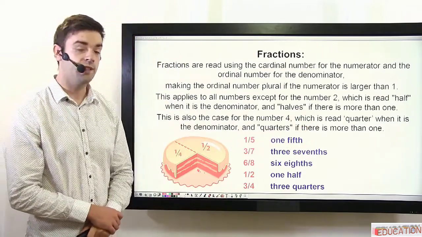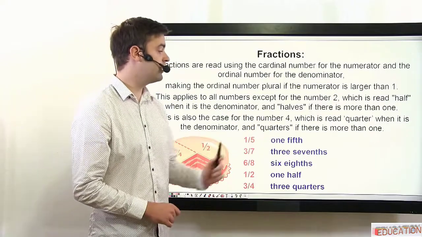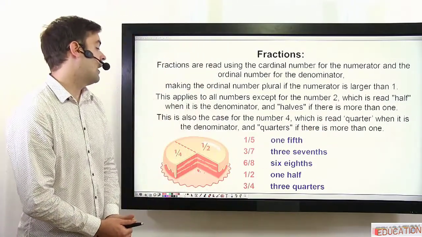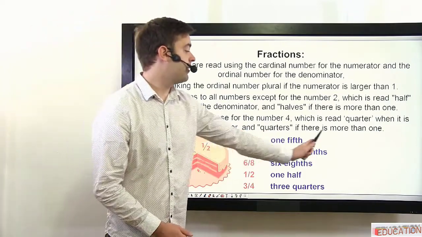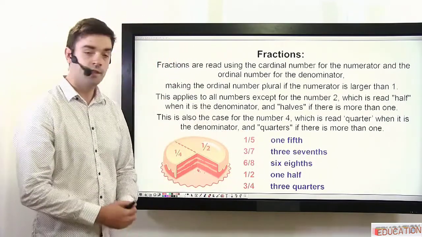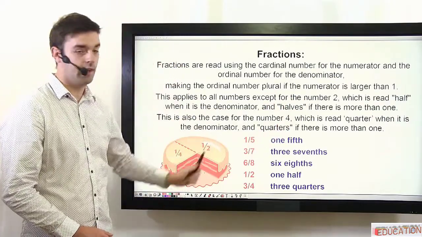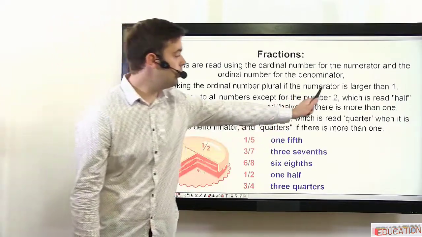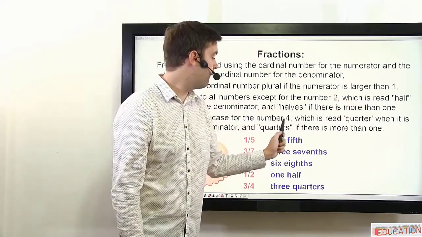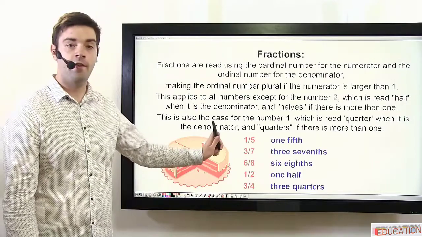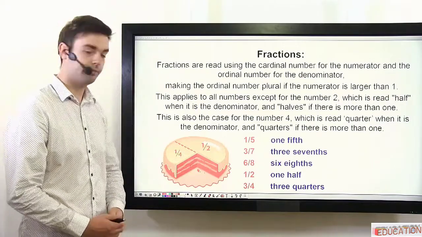This is also the case for number 4, which is read as quarter, and quarters if there is more than 1. This is only the case when 2 and 4 are the denominator. So 2 is half, 4 is quarter. And that's only when they're the denominator.